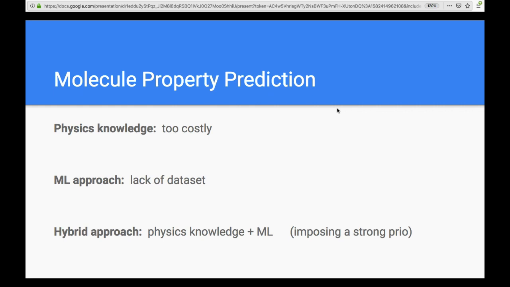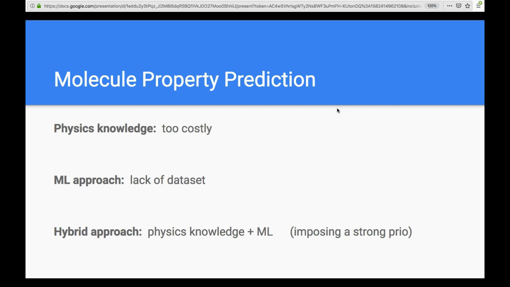What people normally do for molecule property prediction is, because every molecule's behavior can be predicted by quantum mechanics, if we have that kind of physics knowledge, we should be able to really predict any property a given molecule will have.